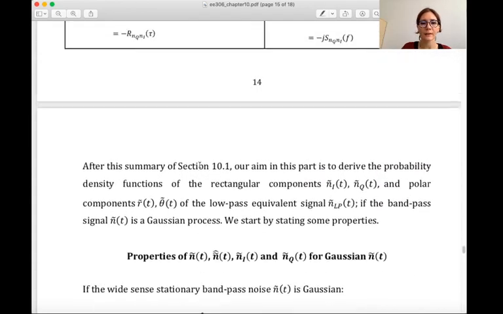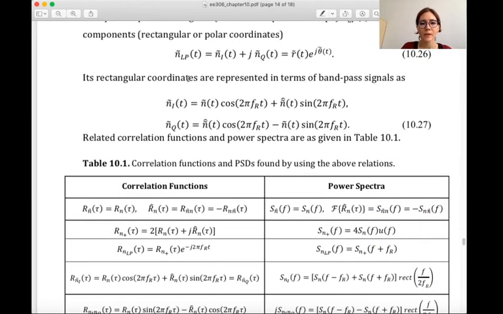Let's confirm this. N_I is obtained by taking N and N hat and multiplying them with certain values, and N_Q is obtained similarly. Let's simplify it.